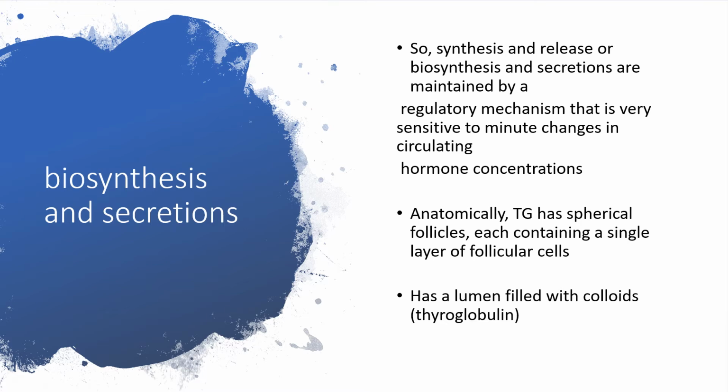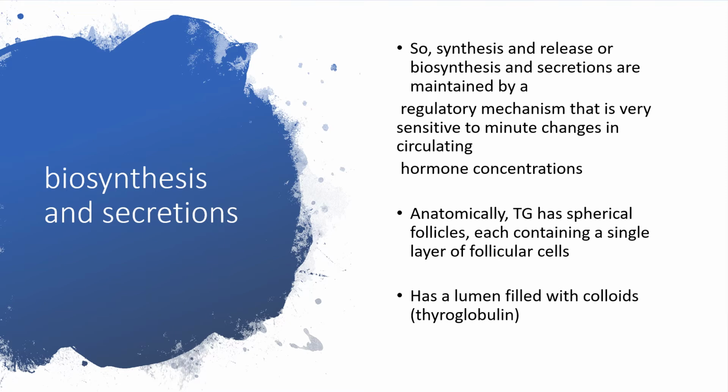Biosynthesis and secretions, so synthesis and release, are maintained by a regulatory mechanism. And that regulatory mechanism is very sensitive to minute changes in circulating hormone concentrations. All we are targeting is the euthyroid situation.